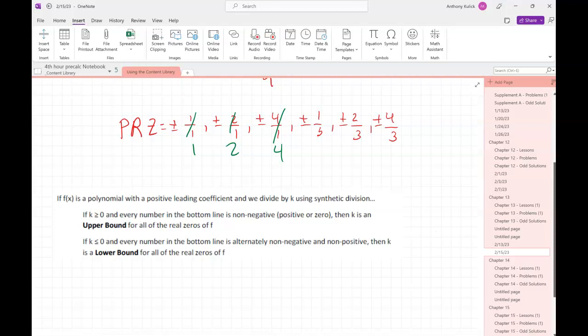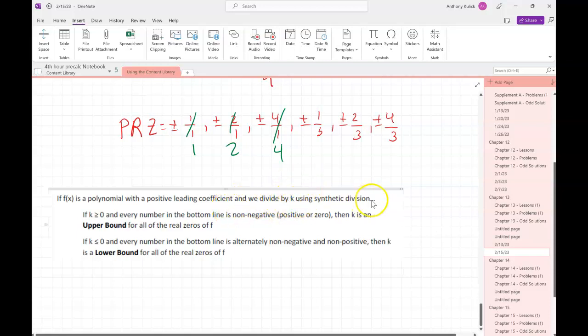All right. So this says if f of x is a polynomial with positive leading coefficient, and we divide by x minus k using synthetic division, if that k is non-negative and every number on the bottom line of the synthetic division result is non-negative, then k is an upper bound for all the real zeros of f.